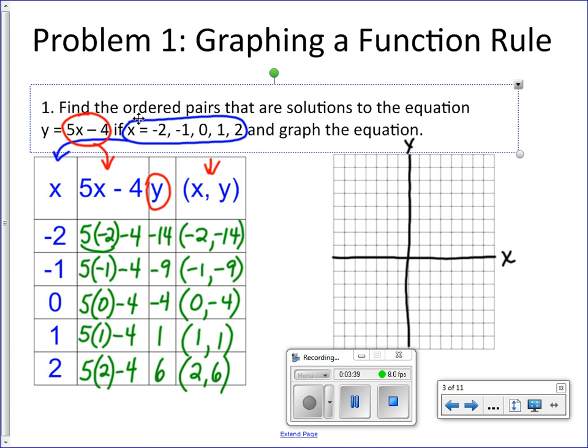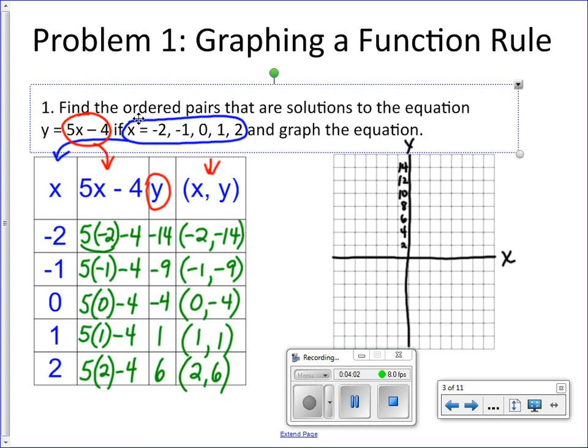We have -2, -14, and I think what I'm going to do is on the y-axis, I'm going to go by 2's. So I will have 2, 4, 6, 8, 10, 12, 14.